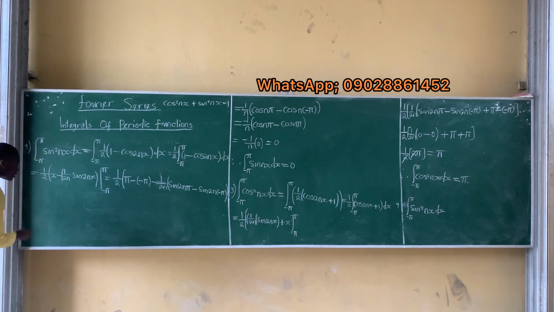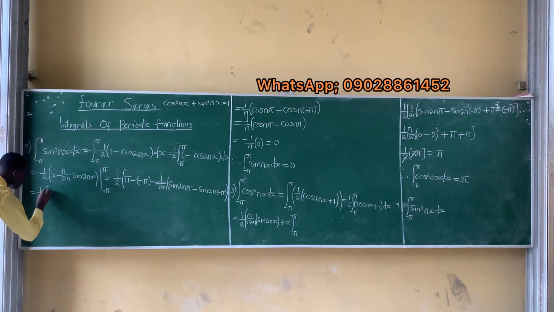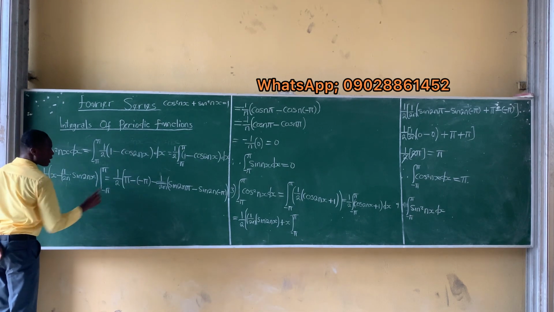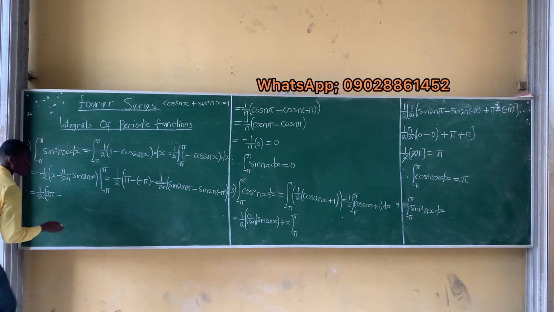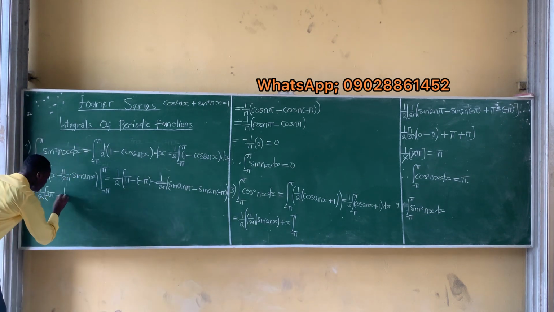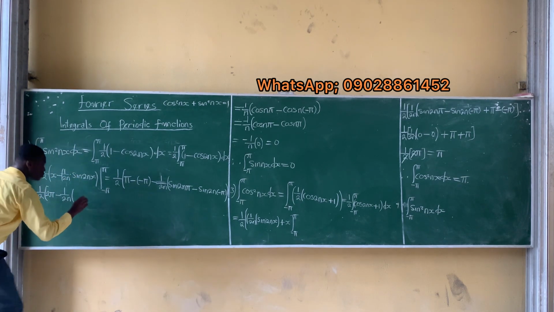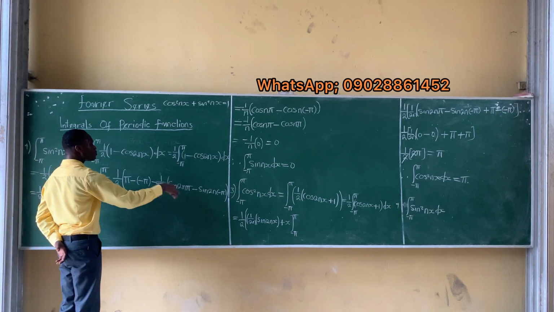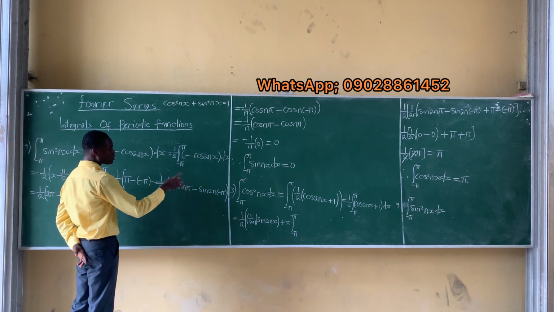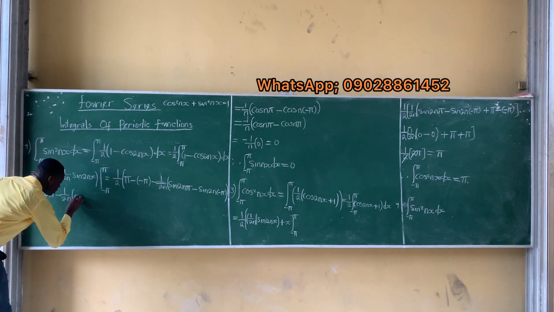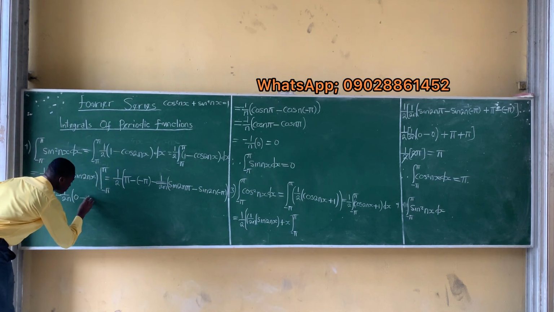So this implies that we are going to have 1 over 2 into pi plus pi will give us 2 pi, minus 1 over 2n into, we said sine 2n pi is always 0. Sine pi is always 0. No matter the multiple, we are still going to have 0. So this is 0 minus, also we have 0.